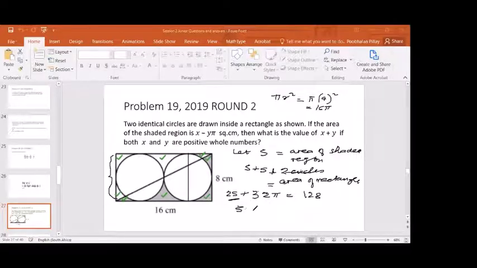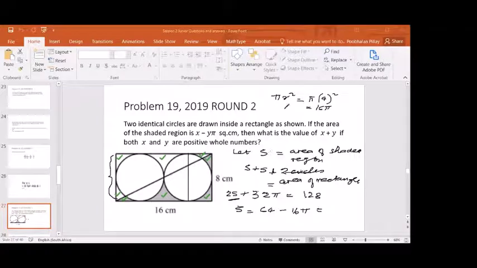So 2S is equal to 128 minus 32 pi, because you take the 32 pi to the other side of the equation. Divide right throughout by 2, so S is 64 minus 16 pi.